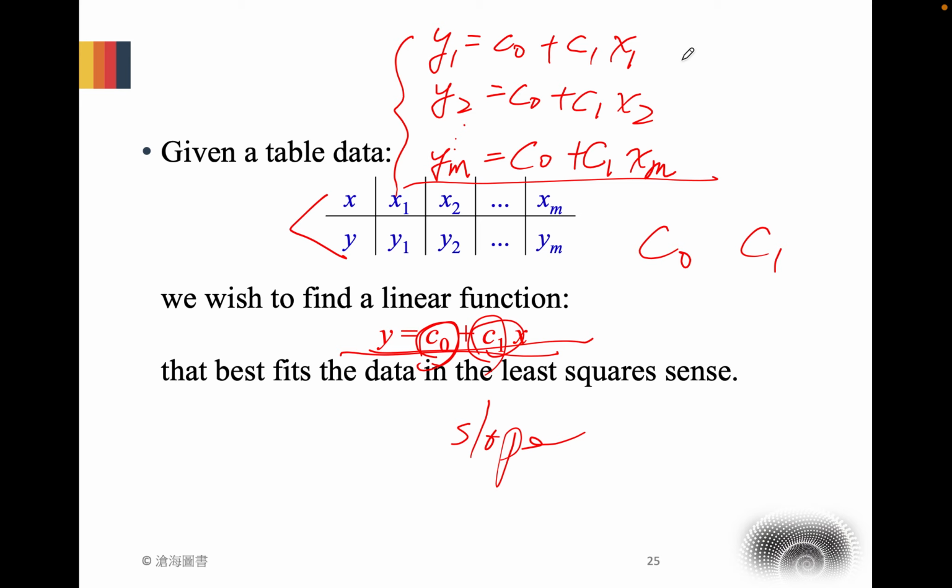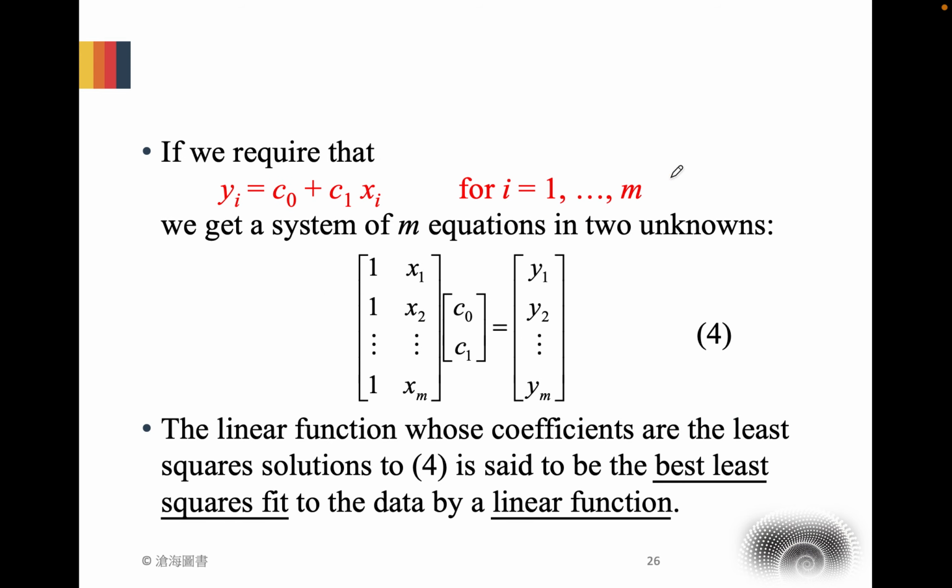And obviously, we have m equations. We have two unknowns, c0 and c1, right? So this is a linear system. This is an overdetermined linear system, obviously, right?